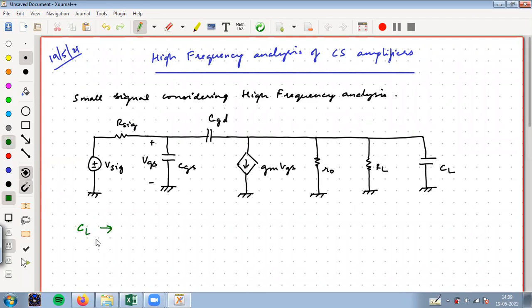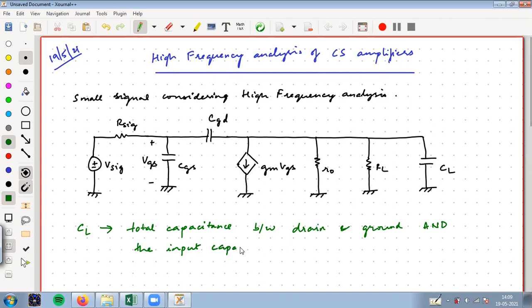So what is CL? CL here is the total capacitance between drain and ground, and the input capacitance of the next stage.